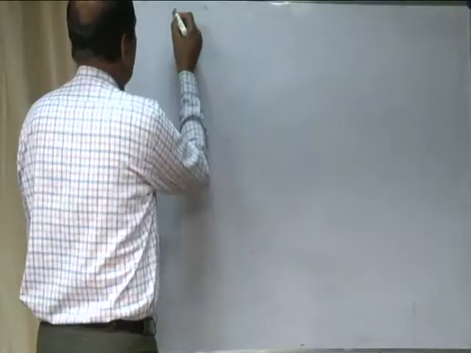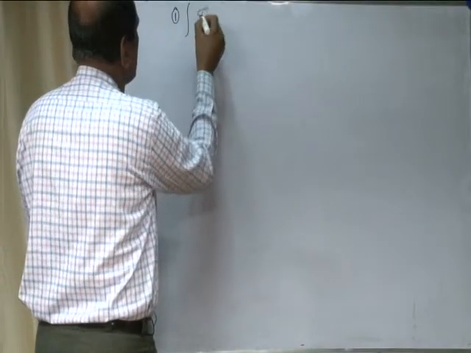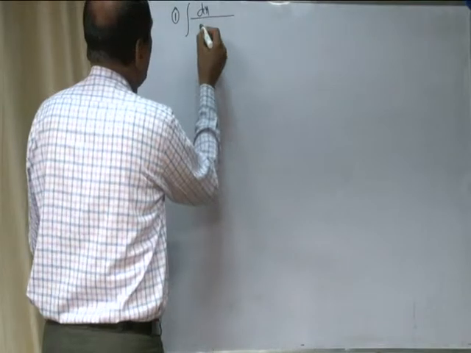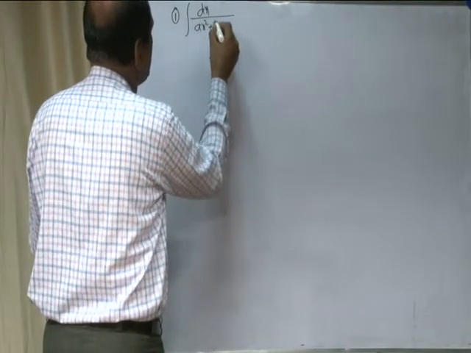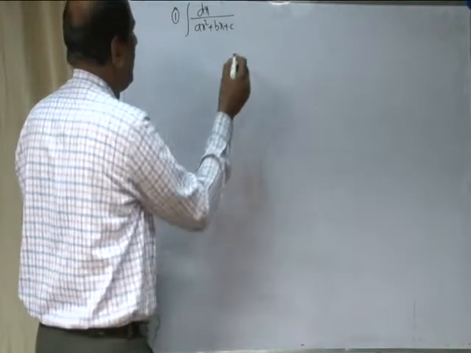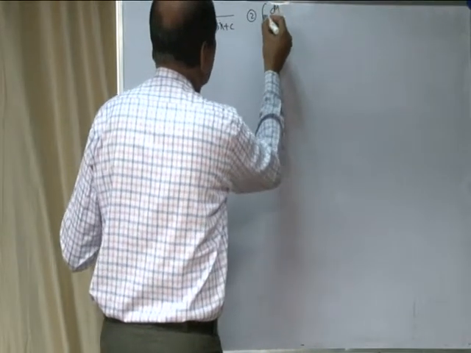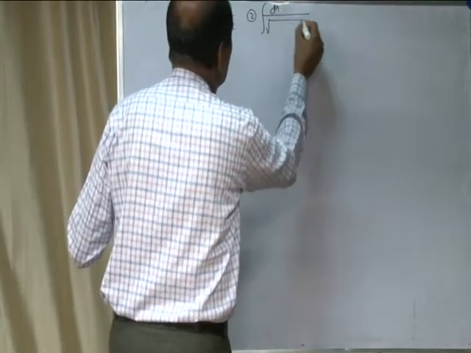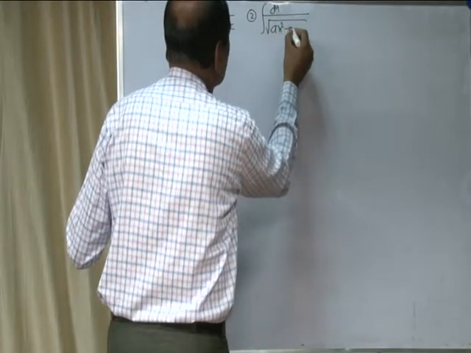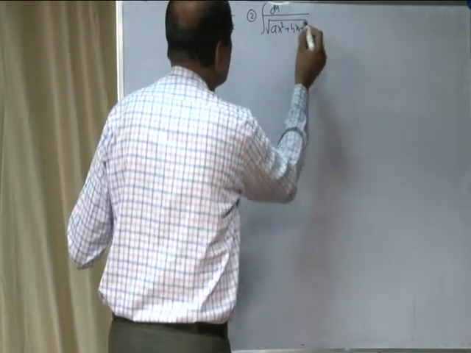Yesterday, that is in the last class, I explained three forms of standard integrals. First form, integration of dx divided by ax square plus bx plus c. Second form, dx divided by root of ax square plus bx plus c.